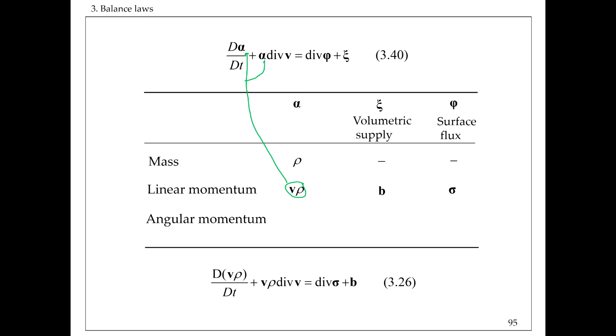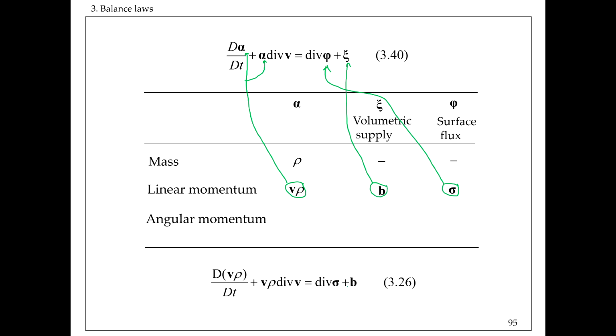And now the volumetric supply would be our body forces, per unit volume, and the surface flux would be represented by sigma, which you remember was connected to the traction that we applied on the surface. You can see that in that form, 340 is transformed exactly into that form of 326.